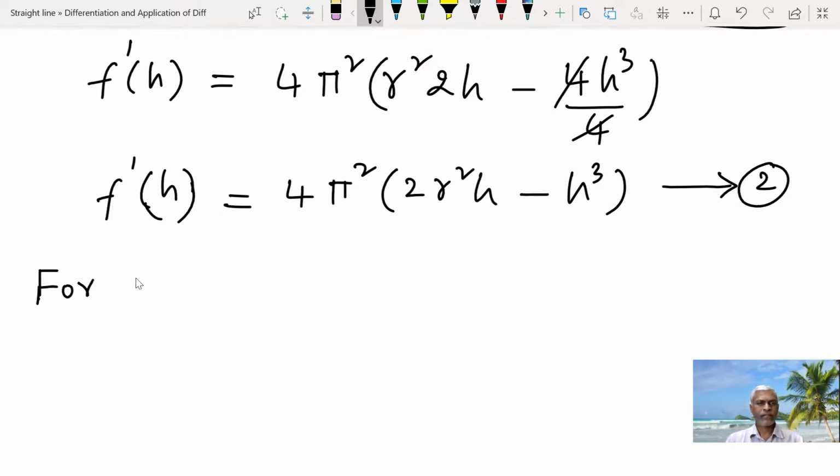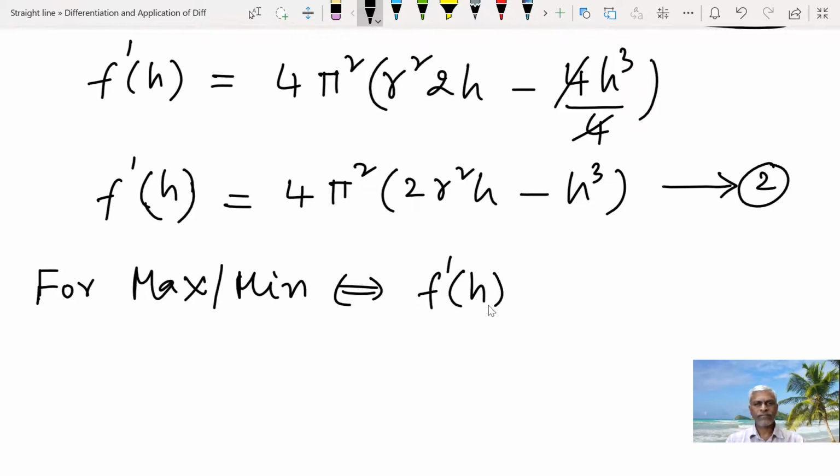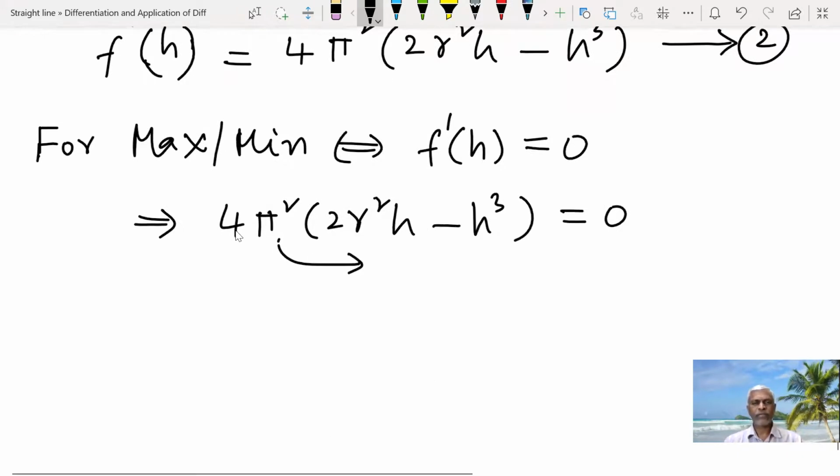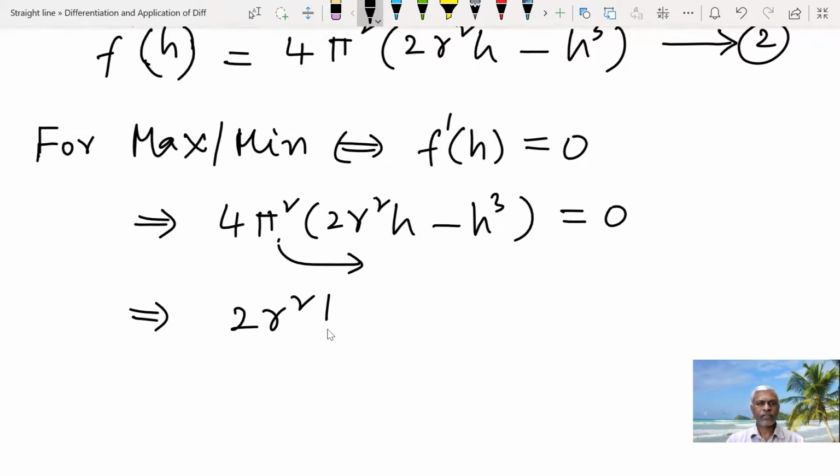For maximum or minimum, this first derivative should become 0. Therefore, 4 pi square into 2 r square h minus h cube should become 0. Bringing 4 pi square to the right side, it becomes 0 by 4 pi square, that is 0. So 2 r square h minus h cube is equal to 0.